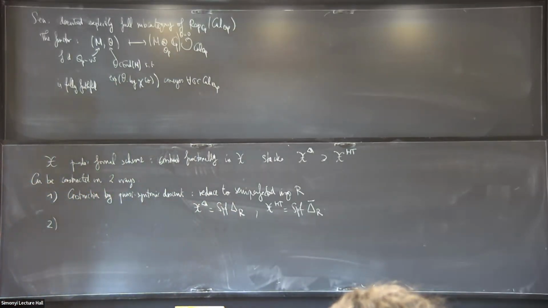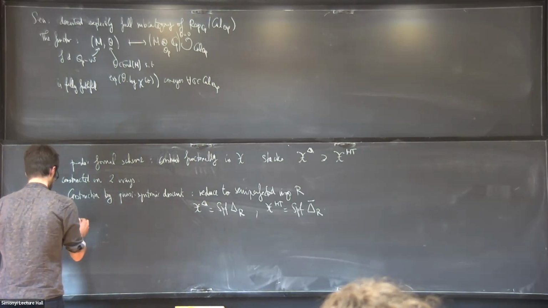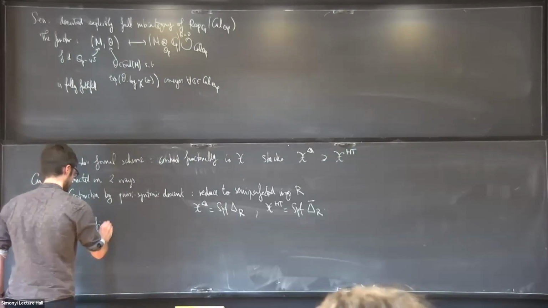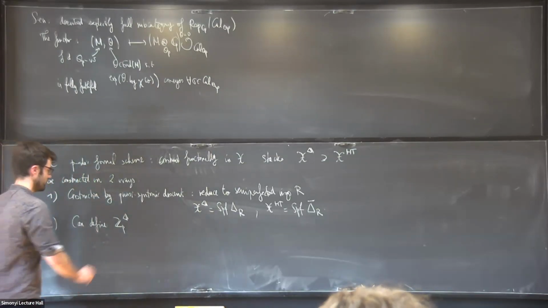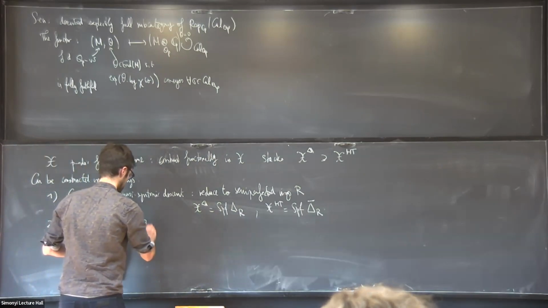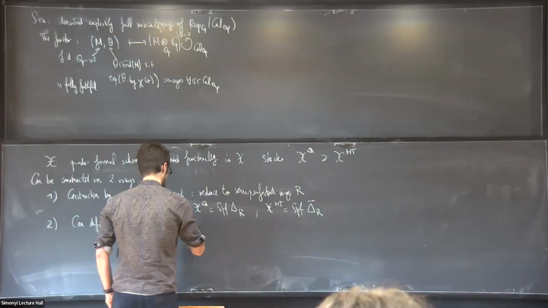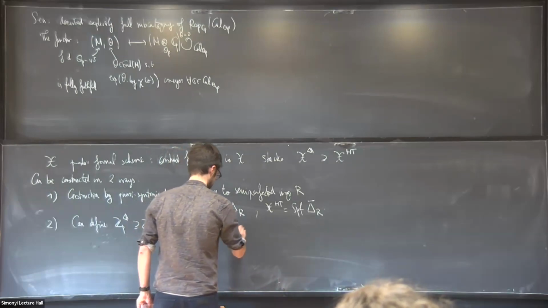But you can also give a direct construction without assuming knowledge of prismatic cohomology. I don't want to fully recall it, but alternatively, you can first define stacks Z_p^prism and Z_p^HT as certain moduli stacks of Cartier-Witt divisors.